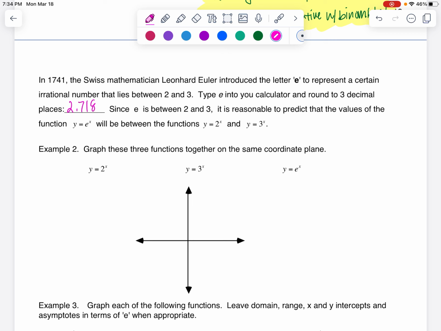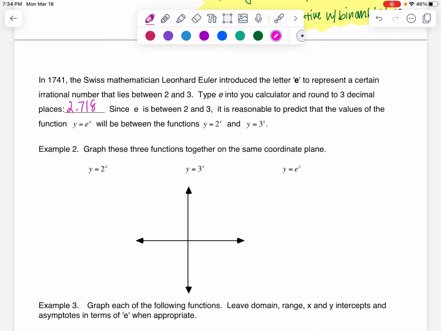So since e is between 2 and 3, it is reasonable to predict that the values of the function y equals e to the x power will be between y equals 2 to the x power and y equals 3 to the x power. So in example 2, it's asking us to graph these 3 functions together on the same plane.